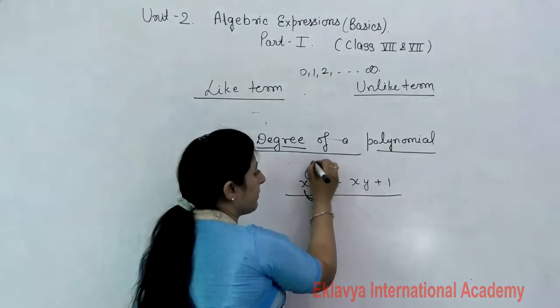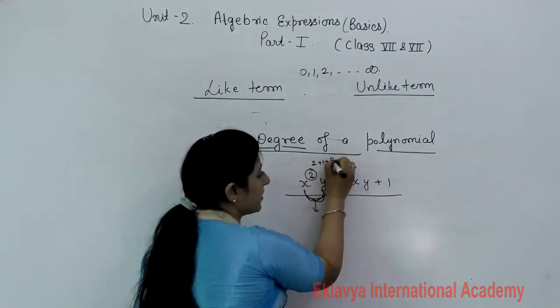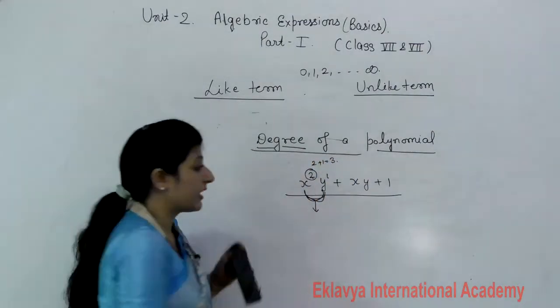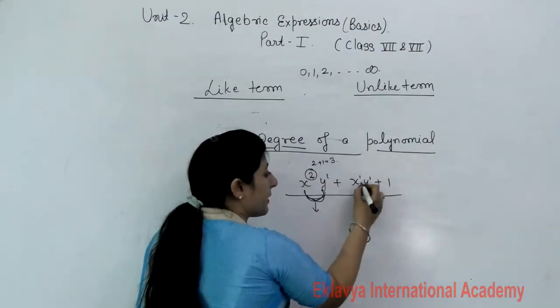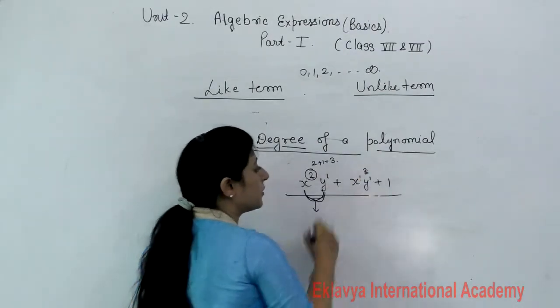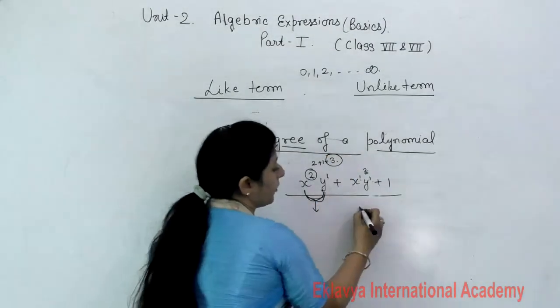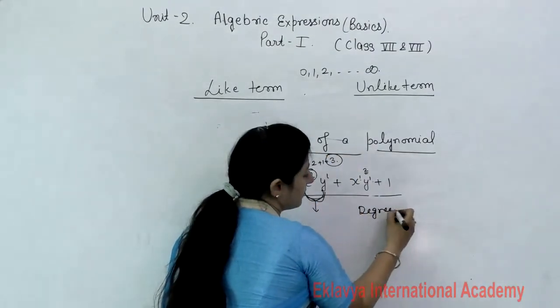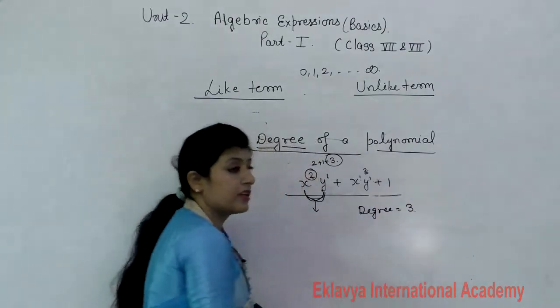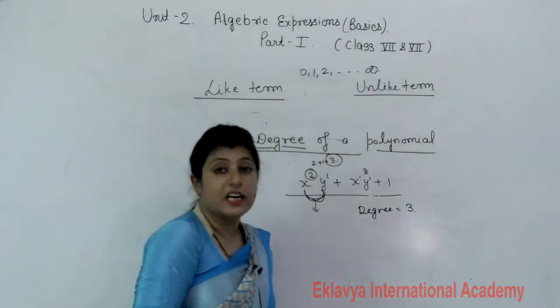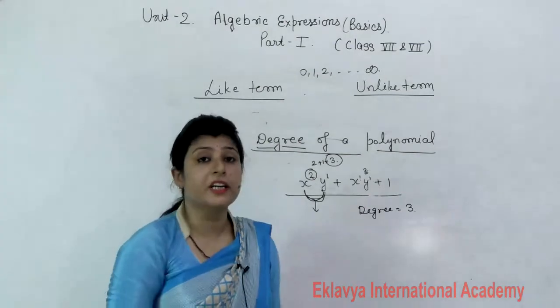It means total power 2 plus 1 is equal to 3. Here x power 1, y power 1, it means total power 2. Then what is the degree? Degree of the polynomial is equal to 3. So this is how we decide the degree of a polynomial.